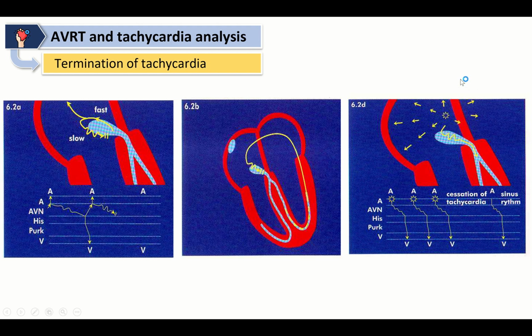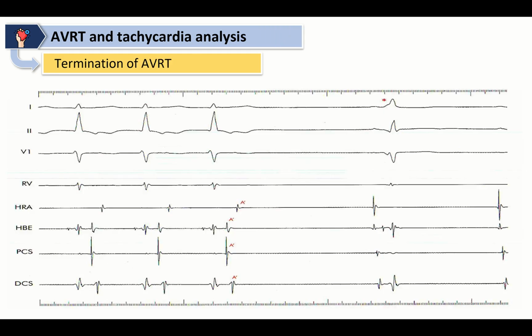In atrial tachycardia, it's a different story. It is non-AV nodal dependent, and the atrial focus will fire, the atrial impulse will come and go down through the AV node. So it's impossible to terminate atrial tachycardia with A, because all atrial impulses will go down through the AV node. It is non-AV nodal dependent. And this is a case of AVRT terminated with A. It happens.